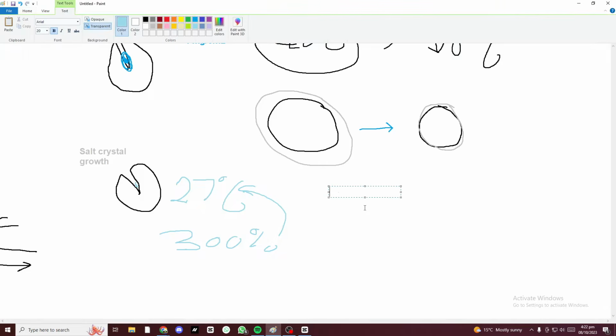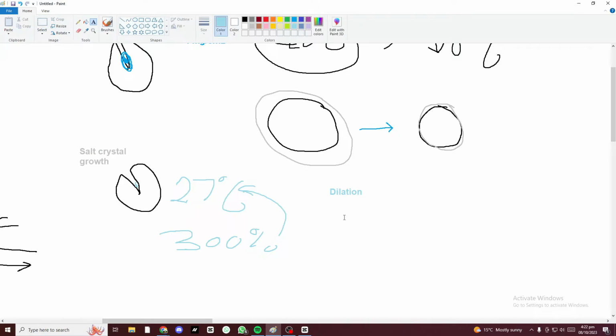Now we get to dilation. This is not very common. However, it does occur.